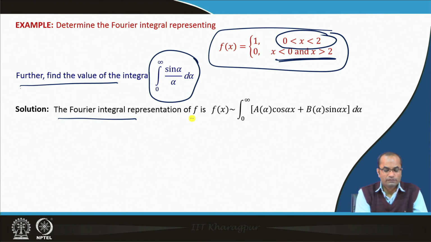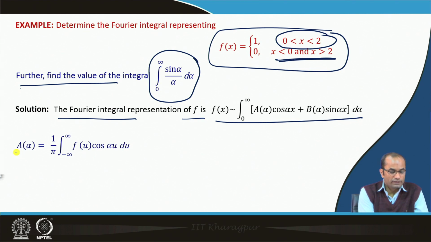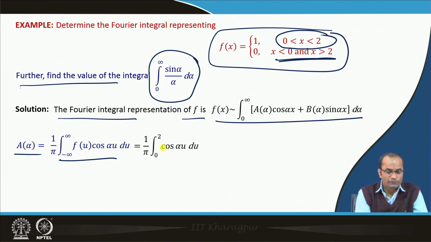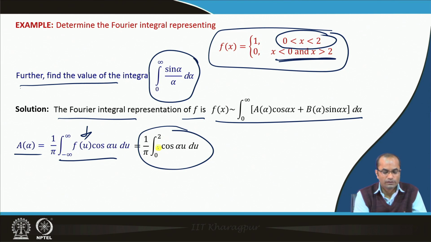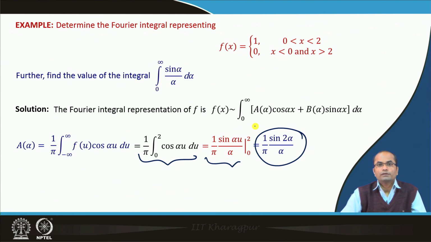The Fourier integral representation of f again will be given by this formula, where we can compute a(alpha) by substituting this f(u), which is defined as 1 only in the range 0 to 2. So, we can easily perform this integral, and we will get the value 1 over pi sin 2 alpha over alpha.